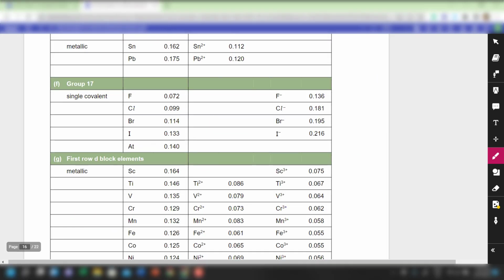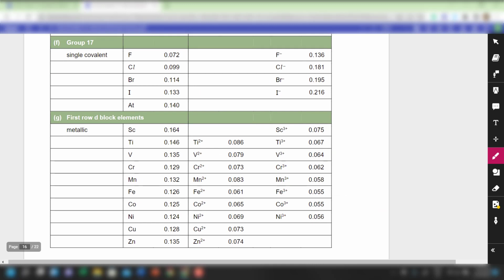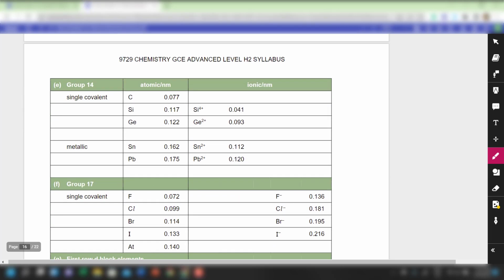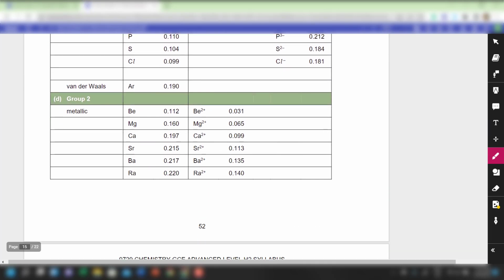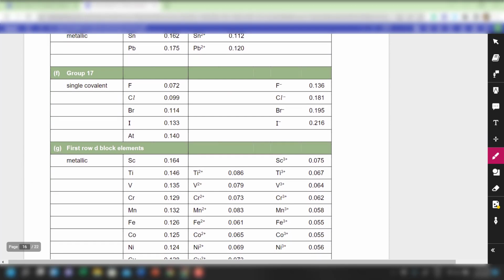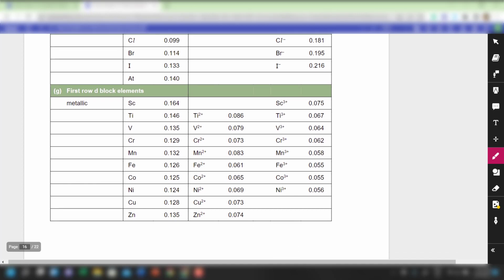If we simply compare atomic radii, for the d block elements it's between 0.125 to 0.146 thereabouts. For group 2, you notice that calcium and above is 0.197 and above. That explains why there is a huge difference in terms of the size.